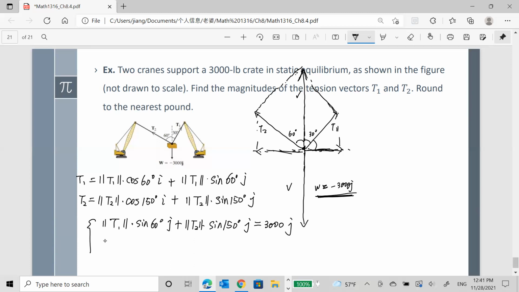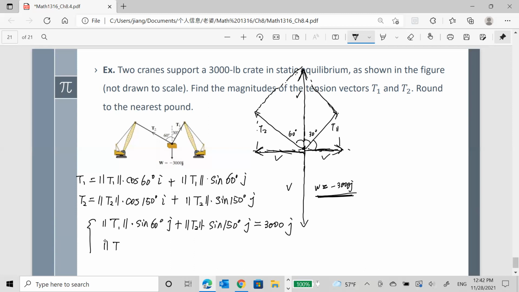And then how about the I direction? Since they need to balance to each other, so this direction and this direction have the same, so the sum must be 0. That means the I direction's sum is 0.